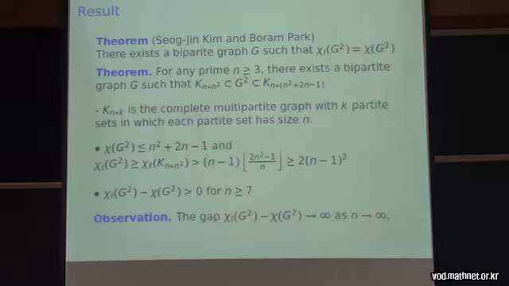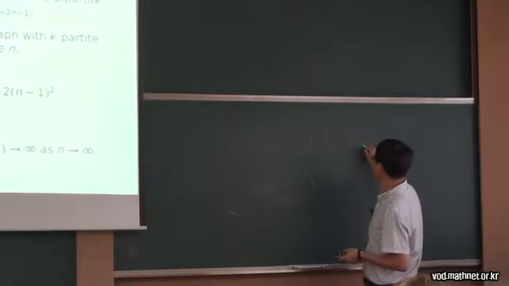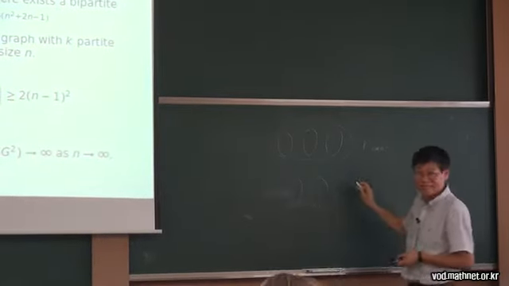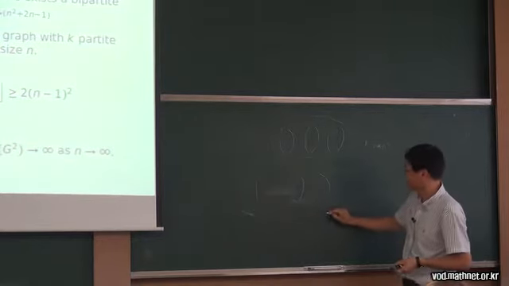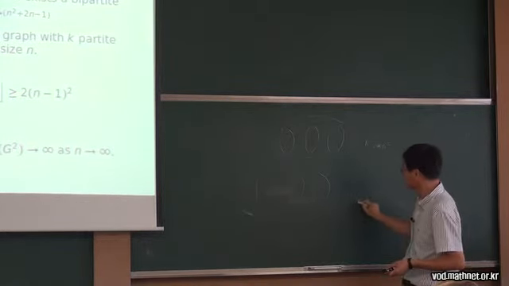Okay, the structure is like this. This top part is K_{n,n squared}, a bipartite graph, and the bottom is just a 2n minus 1 set.